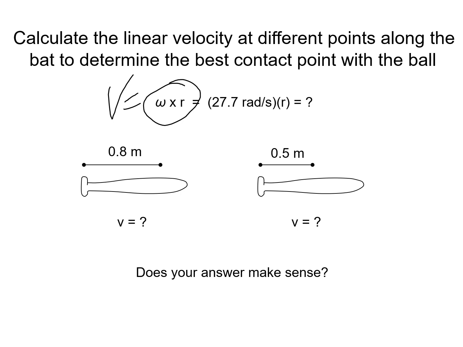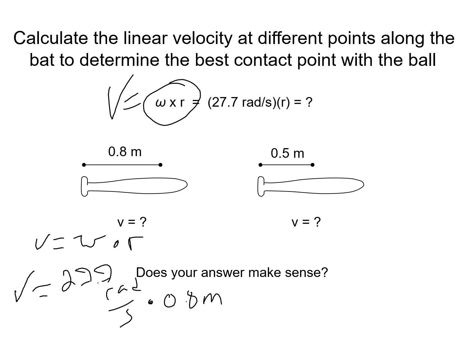Let's try to solve this and see if that makes sense. For our first example, we still have v equals omega times the radius of rotation. So v is going to be equal to 27.7 radians per second times 0.8 meters. Let me get my calculator out.